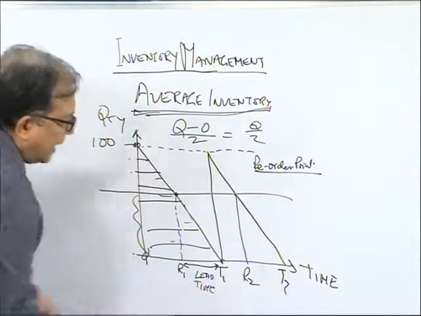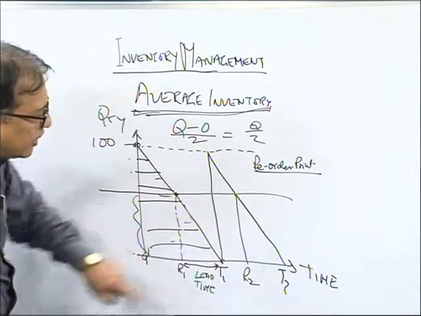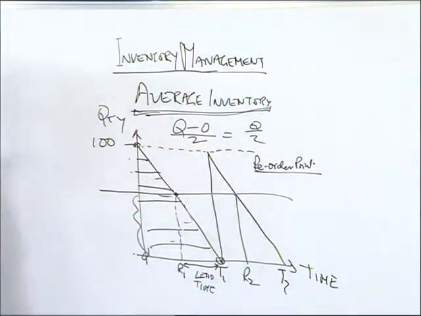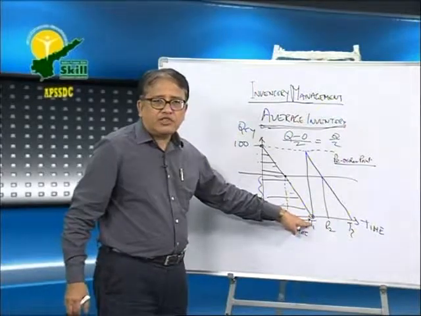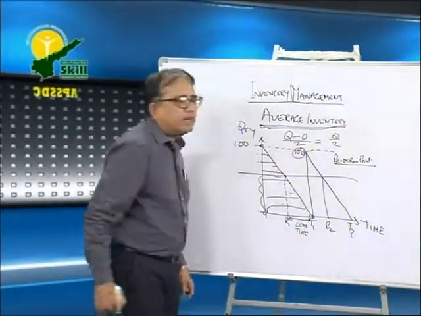That means the time from the time it is ordered till such time it is delivered. When it is delivered, how much is it delivered? 100 units, because he is always ordering 100 units. So by the time he reaches this point, his stock becomes 100 again.